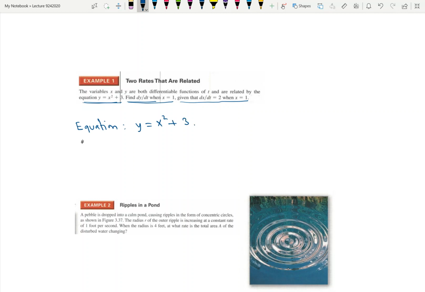We have the given rate dx over dt when x equals 1. We need to find dy over dt when x equals 1.